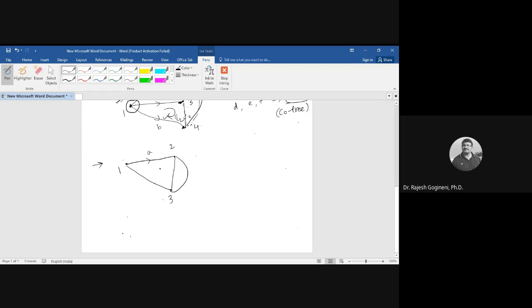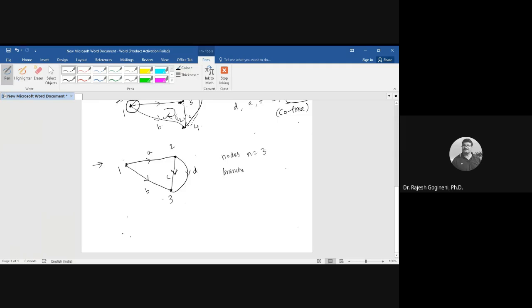The branches are A, B, C and D. So what is the size of the incident matrix for this graph? How many nodes are there? Nodes are 3.